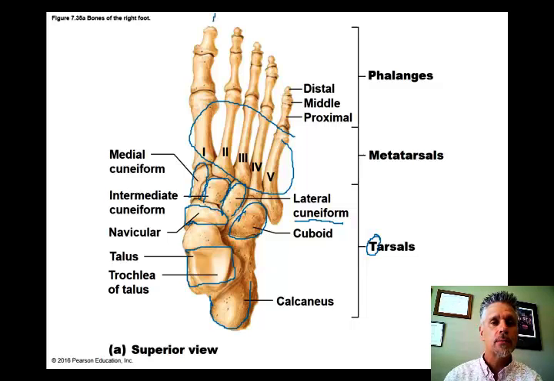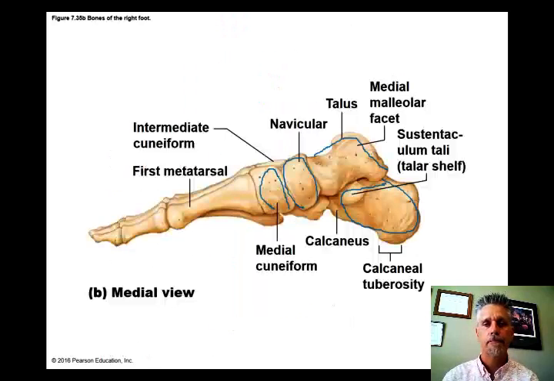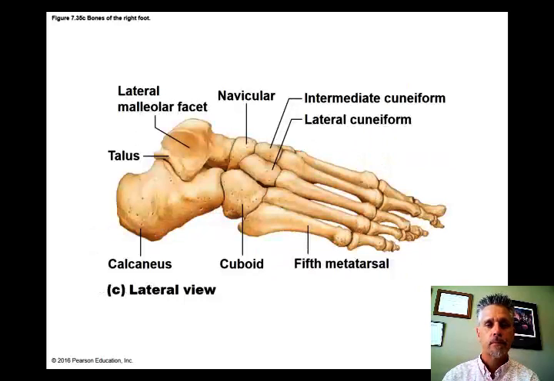You use the numbering system, 1, 2, 3, 4, 5, and then it's proximal and distal for the first one, the big toe, and then it's proximal, middle, and distal for the other ones. Okay? So just different views of the bones of the foot and the ankle.